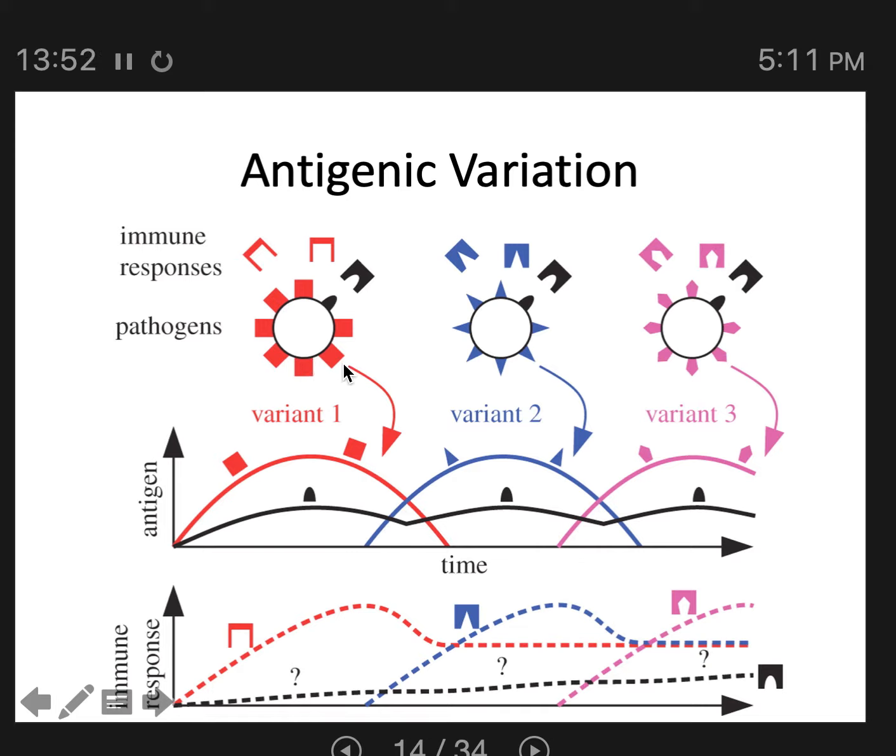These red squares on the surface of the pathogen, those are molecules that your body can use to recognize it. Your immune cells learn to recognize pathogens, but not by sight, right? They don't have eyes and there's no light in your body anyway. So the way your immune cells are going to recognize pathogens is through touch. So these shapes on the surface of the pathogen are what your immune cells are going to use to recognize the pathogen.